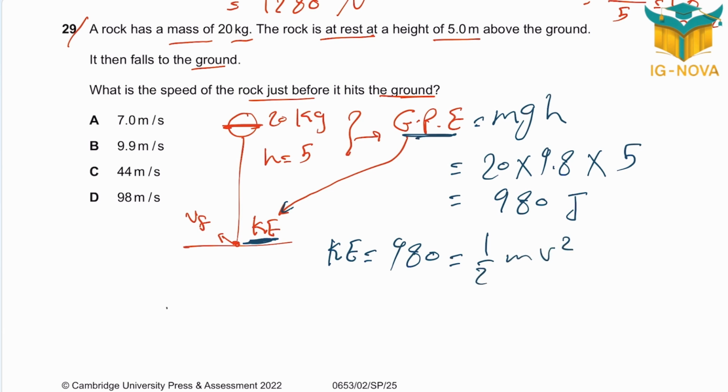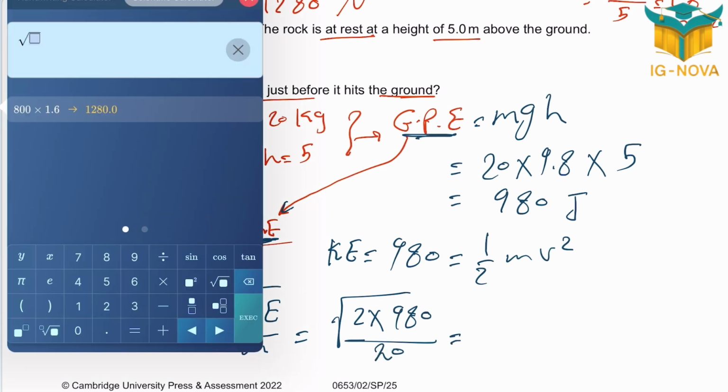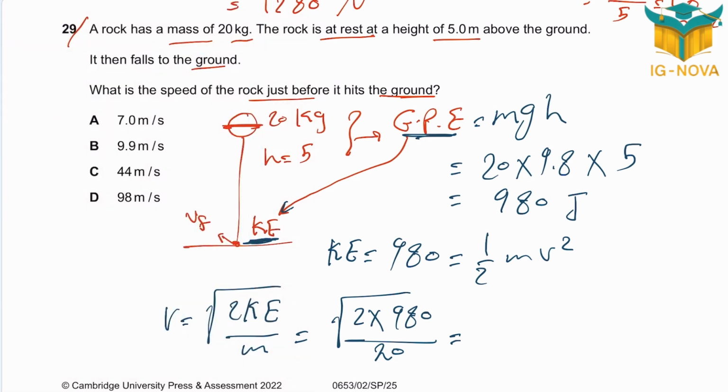If you remember how to find velocity with KE, it's root of 2 KE over m. Root of 2 times KE 980 over mass, which is 20. Approximately 9.9 meters per second, which is the option.